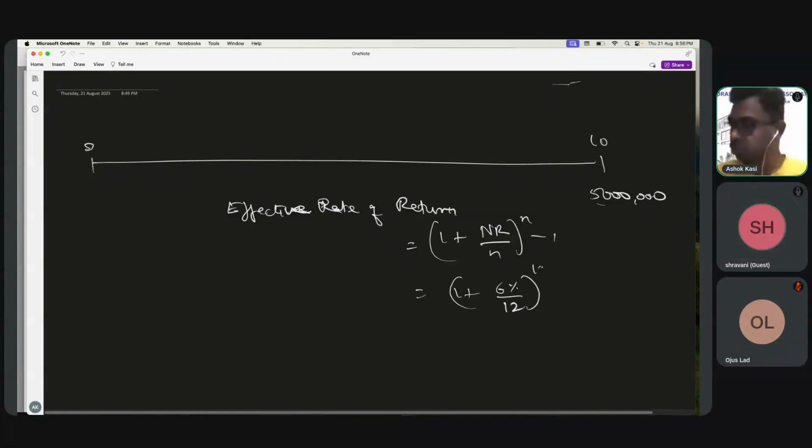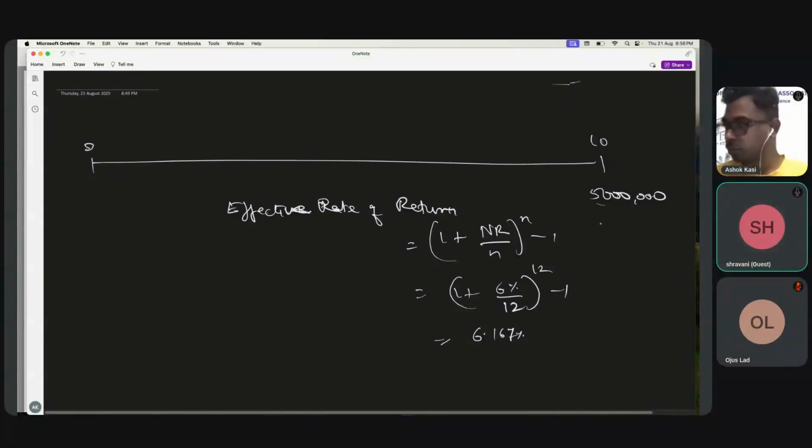Raised to 12 minus 1. Just calculate this. It comes to 6.167%. So yearly, instead of saying 6% compounded monthly, I can say yearly 6.167%.